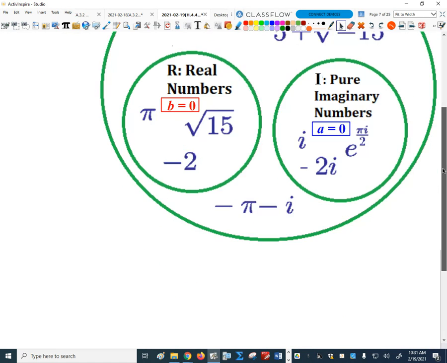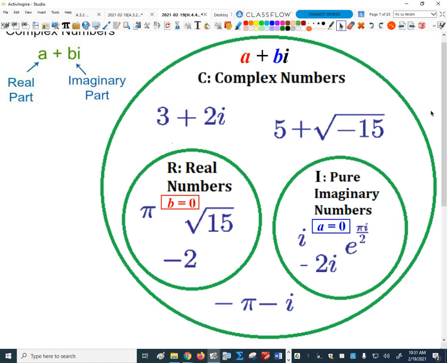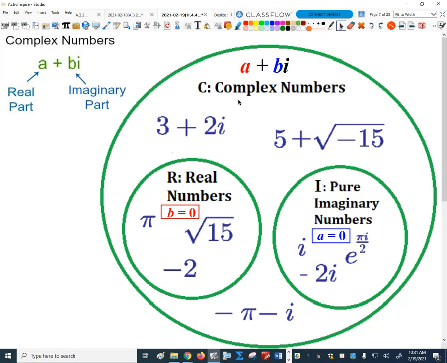So if we look at the relationship between these numbers, here's one way to visualize it. We've got these complex numbers. In standard form, they have a real part and an imaginary part. The set of complex numbers is the set of all numbers written in the form a plus bi. A subset of that would be where b is equal to 0, and we get the set of real numbers like we just talked about.